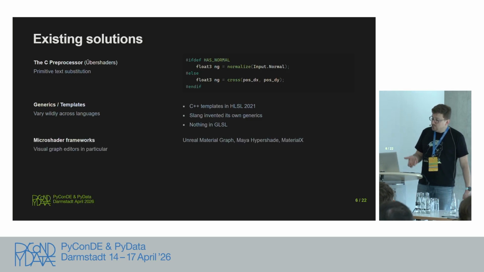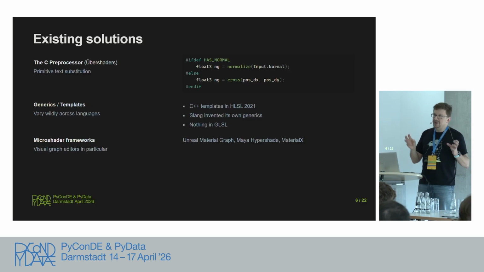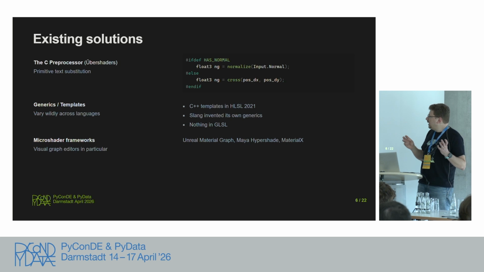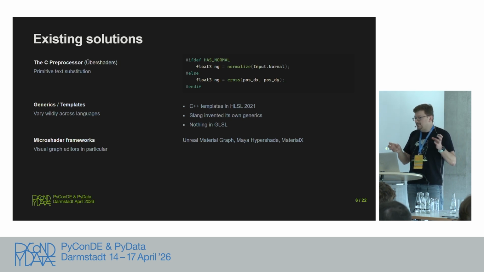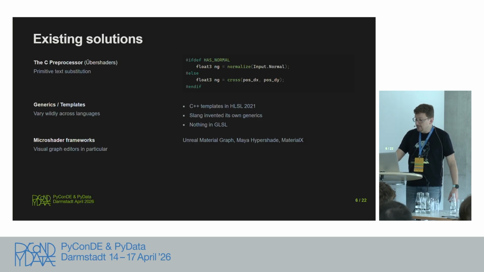Then microshader frameworks are a really popular approach and a very efficient one for sure. The idea is to author small fragments of shader code and then to combine them somehow. And the most productive way of combining them is some kind of graph which can be edited in a visual editor.